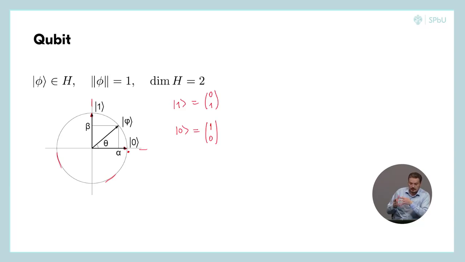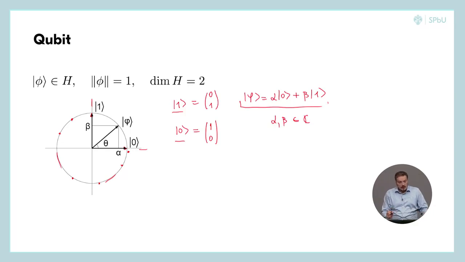So you can see that one qubit can be not only these vectors 1 and 0, which we denoted this way to make the connection with the values of a classical bit, but it can be any vector on this unitary circle, like vector phi here, which equals alpha 0 plus beta 1, where alpha and beta both are complex numbers.